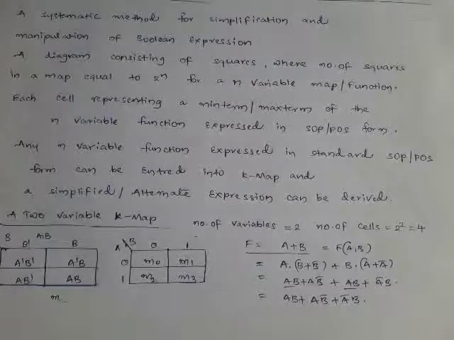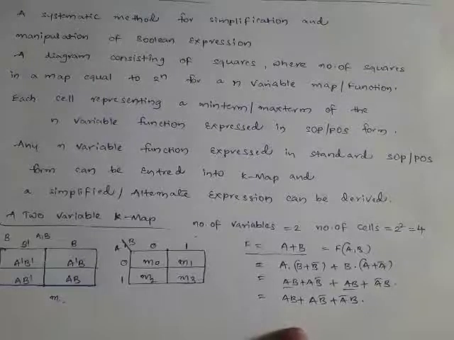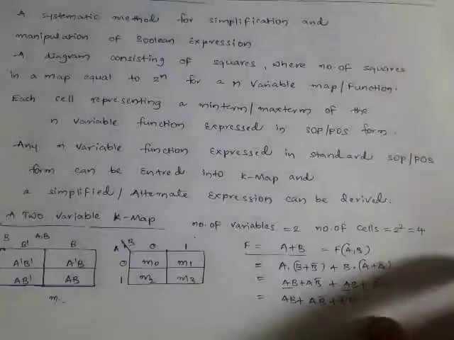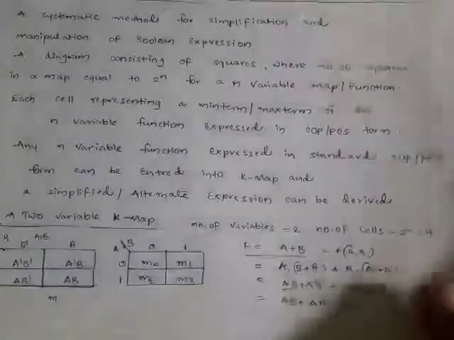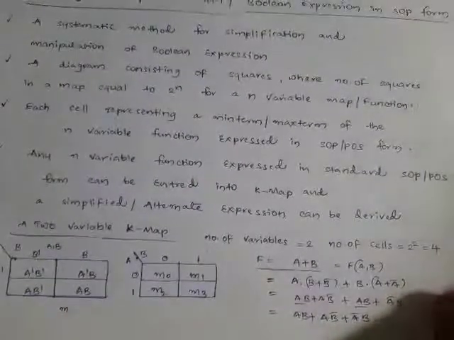So now you can see that this is a function containing three standard products. So now this is in the form of standard sum of product form. So we'll see how to represent this on a two variable K-map.